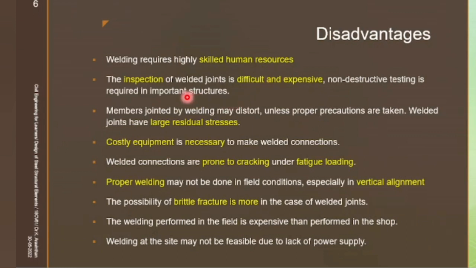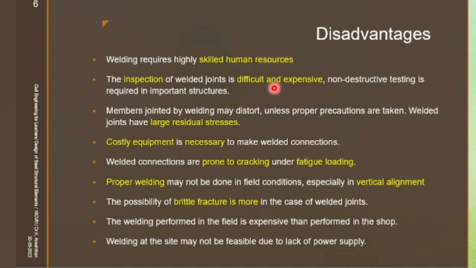The inspection of weld is difficult and expensive. A bolt can crack or it can shear, it is purely visible. And if a weld has any crack, it is not that easy to identify. Why? Because the cracks in the weld are very thin hair cracks.